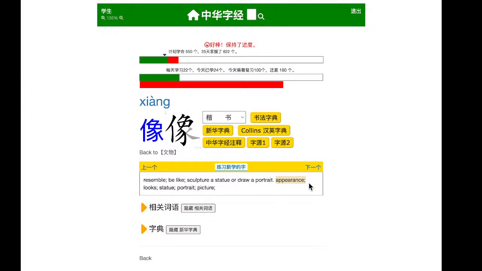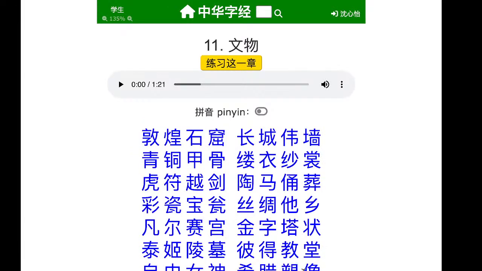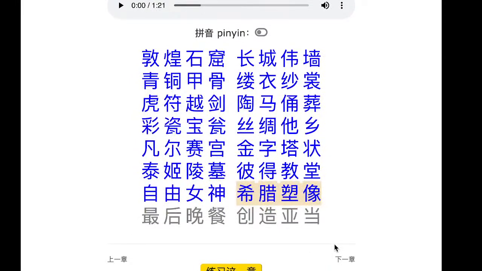Could refer to appearance or looks, portraits and pictures. So 塑像, we're referring to the Greek sculptures, which many of them are preserved, and they are studied a lot, highly regarded for their technical mastery and their artistic beauty and all that. 希腊塑像.